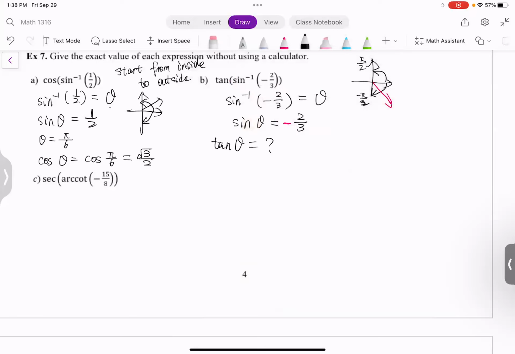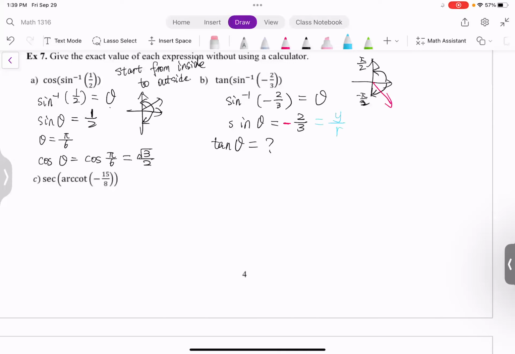I think it's in chapter 1 or 2, we have learned that if I know the sine theta value, we can find all the other trig functions. Yes, we can, because sine equals y over r.